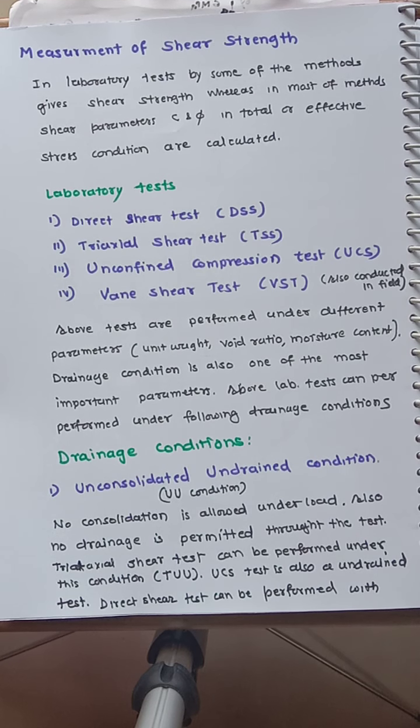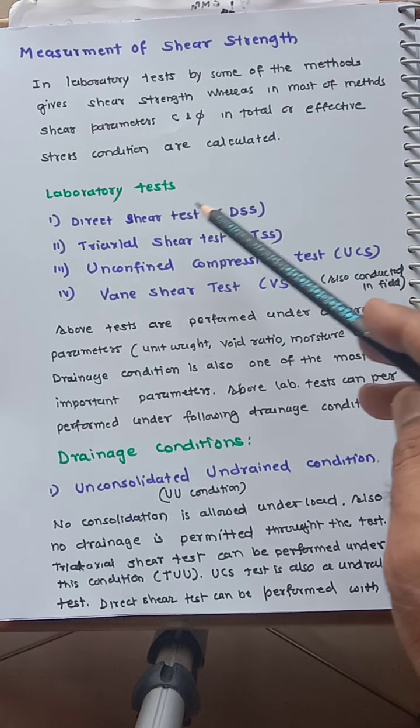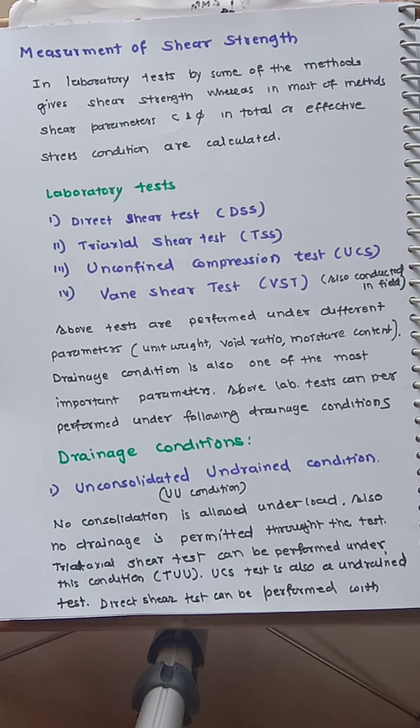The different laboratory tests are, first, the direct shear test, also called the box shear test, because the test is conducted in a box. Direct means the stresses act on a predefined failure plane. Here the failure plane is predefined, horizontal, so the stress is acting directly on that plane. That is called a direct shear test.